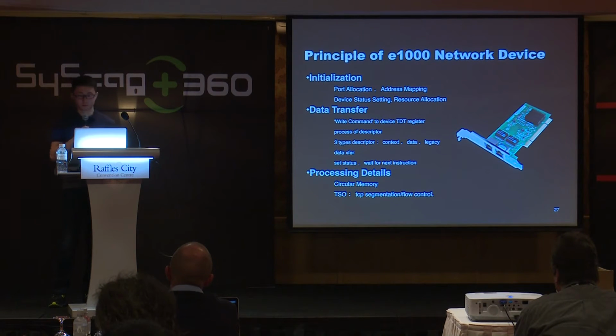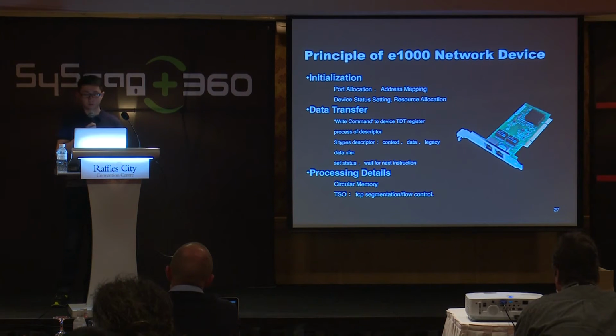And when the gigabit network card detects that the TDT register has been set, it will process the descriptor table. There are three types of descriptor in the descriptor table: context descriptor, data descriptor, and legacy descriptor.